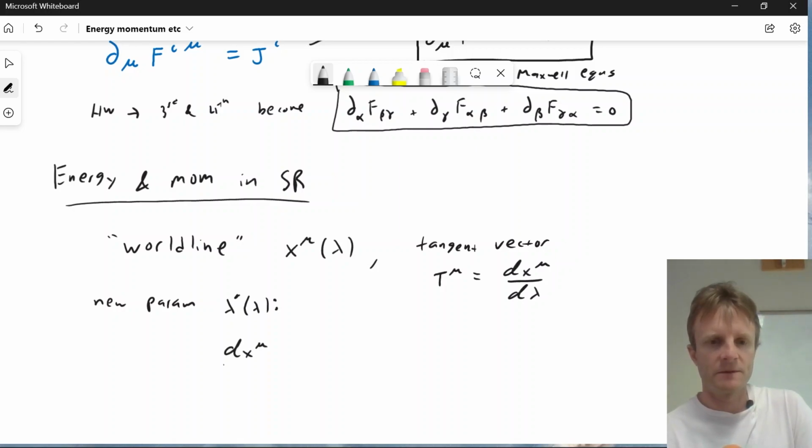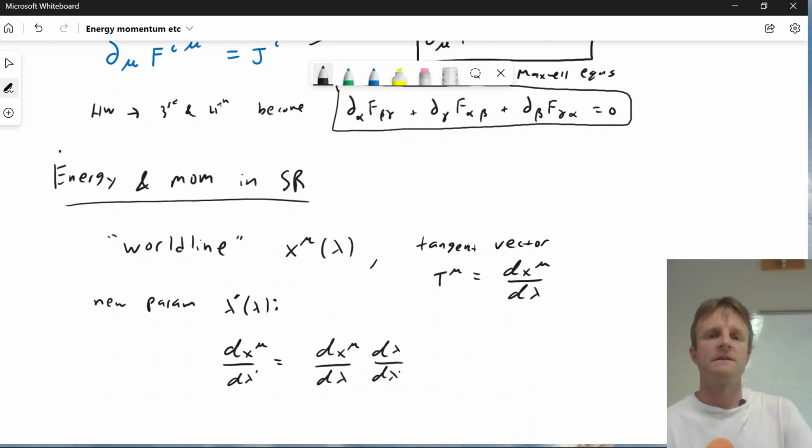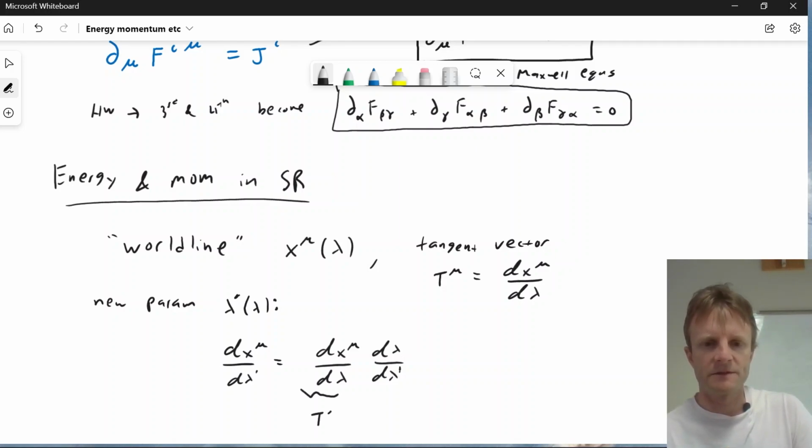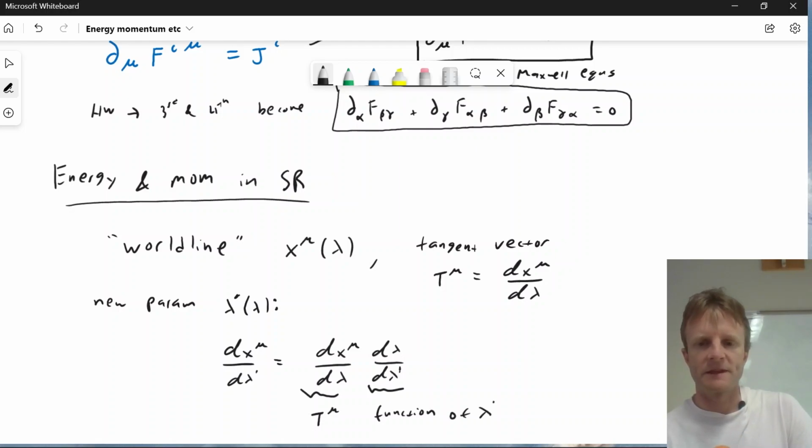So dx mu d lambda prime is dx mu d lambda times d lambda d lambda prime. And so this is the old tangent vector, right? This is what we called t mu. And this is just some function of parameter, lambda prime or lambda.